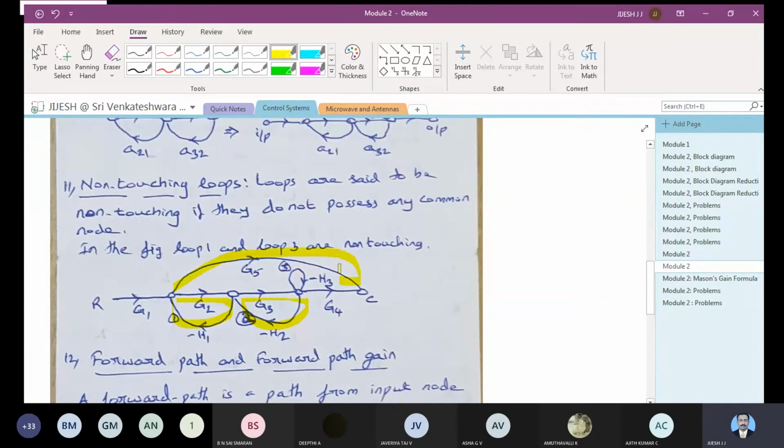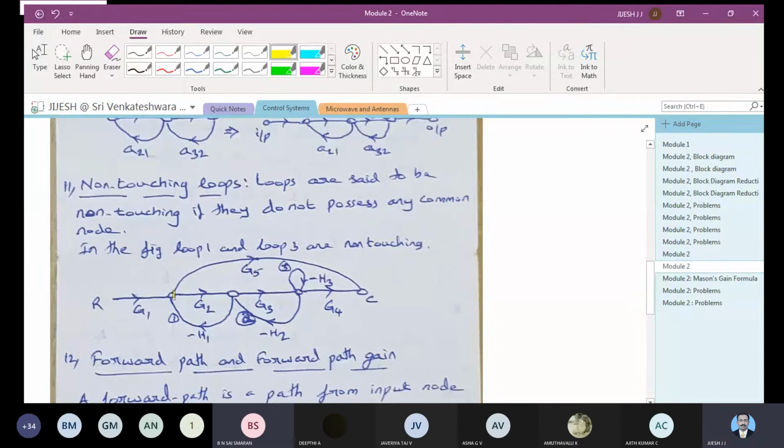It's not possible, so there is no loop there. So these are the three possible loops. So how can you go ahead with that? Let us write for the first one, this one. What will it be? Minus G2H1, sir.